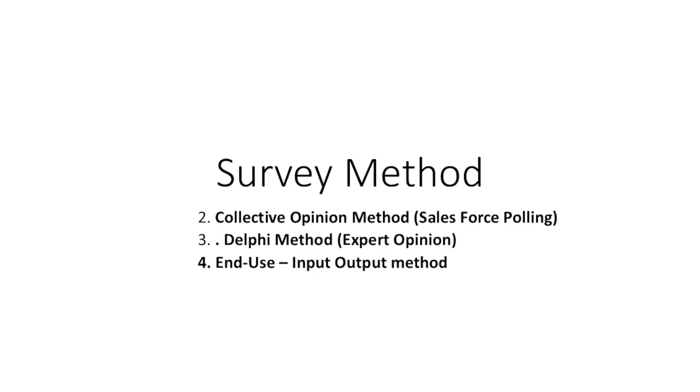In the survey method, we have seen the direct consumer interview method, and the intention and behavior of the consumers have also been studied. But this collective opinion method, which is basically a small variant of the survey method, is also known as sales force polling.